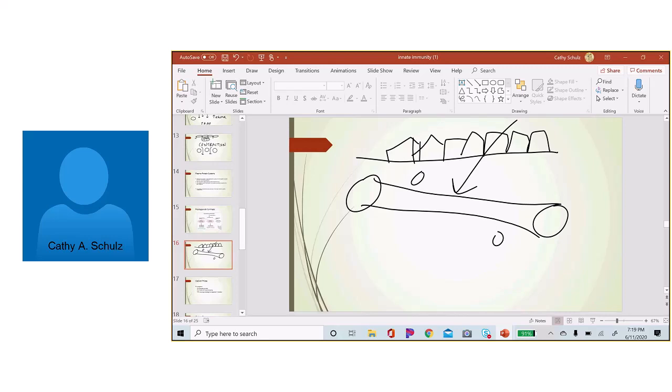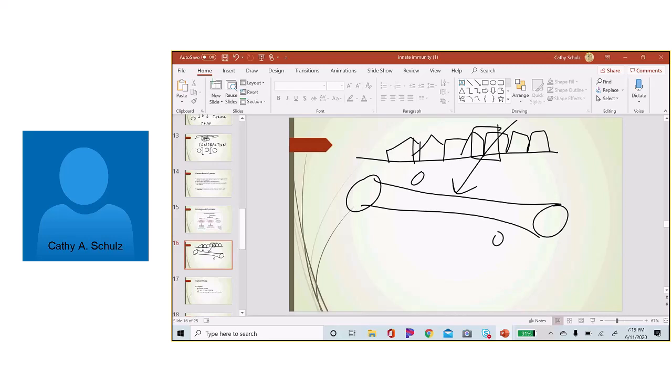The complement cascade, the coagulation cascade, the kinin cascade, the mast cells are releasing histamine. There's the expected erythema, warmth, and edema, and it's a much more significant edema in a specific area.